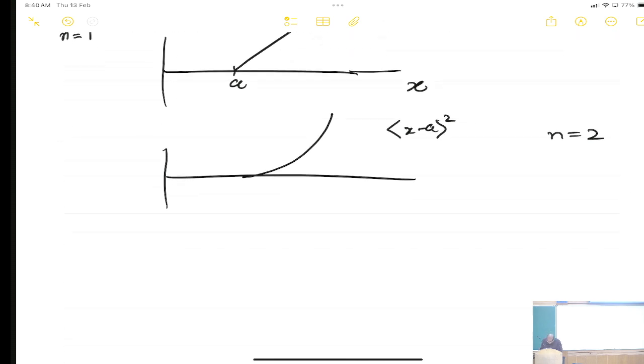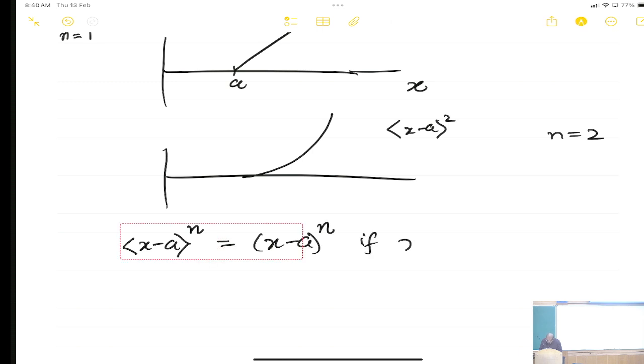So, what we have is x minus a to the power of n is equal to x minus a to the power of n if x is greater than or equal to a.